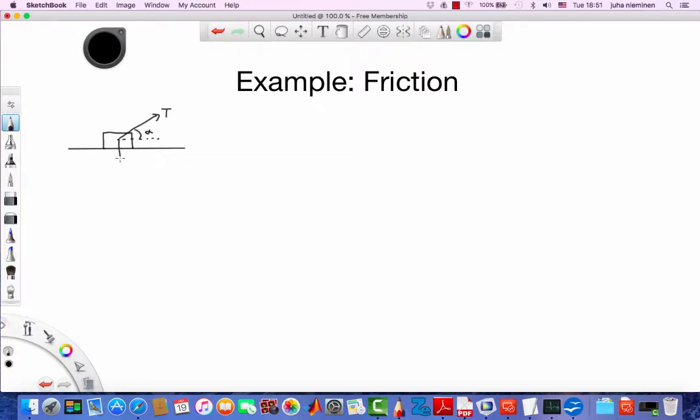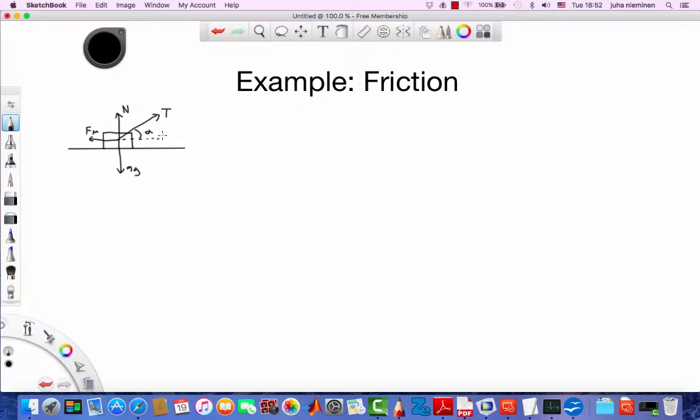So there's of course gravity acting down and some normal force N. And as we learned, the friction force F mu depends on the N, and N depends on the amount of tension force that we have in the y direction.